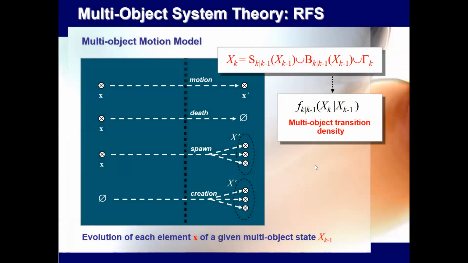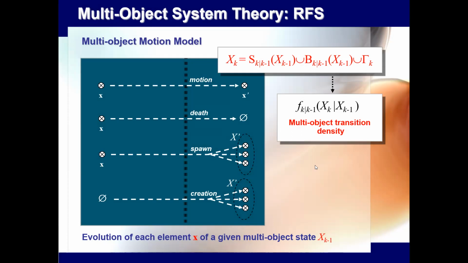Now, I want to briefly mention how the objects evolve in time and how they are sensed, by considering some concepts like motion. Obviously, an object will change its location in time. That's the motion.